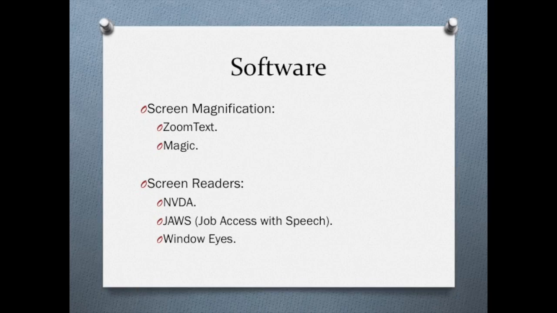Now I'm going to talk to you about software. That's my area of expertise. Anything that has software, I'm the person to talk to. Anything that has hardware, you want to talk to Joyce. There are two major categories for software: screen magnification and screen readers. For screen magnification, the major players are a company called AI Squared and a company called Freedom Scientific, and their products are ZoomText and Magic.